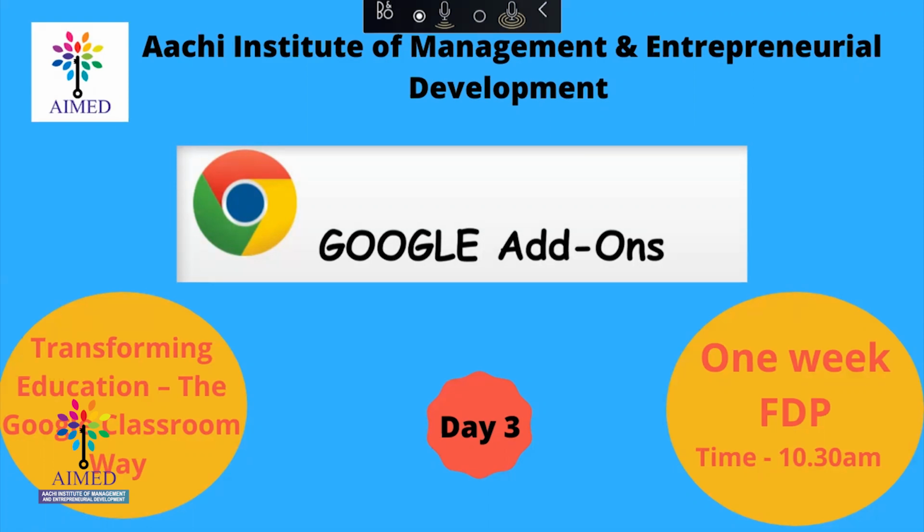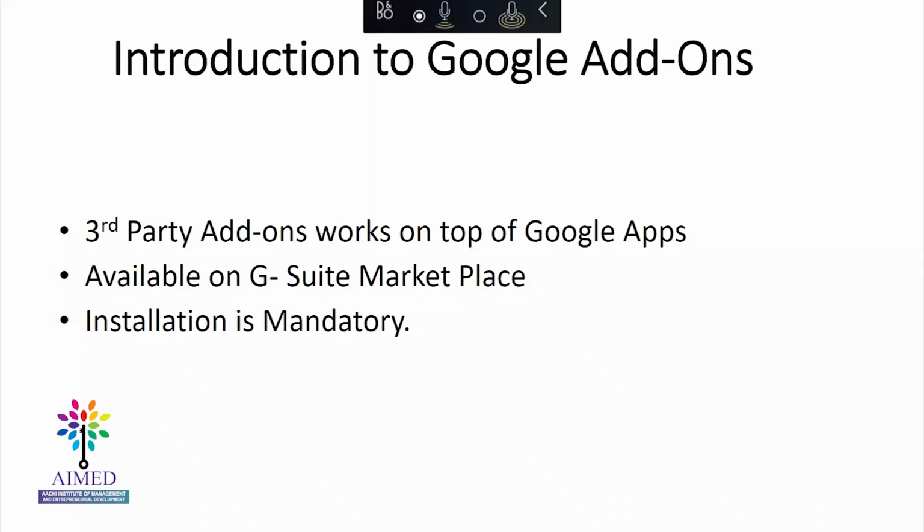Today, we are going to check on Google add-ons. Generally, Google add-ons are third-party customizations which work on top of Google applications. Most people confuse Google add-ons with Chrome extensions. Both are different. These Google add-ons are available on G Suite Marketplace, which is similar to the Android Play Store.